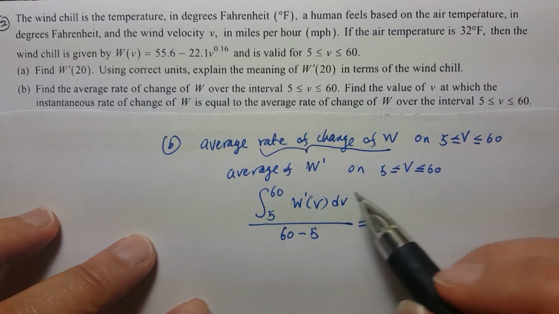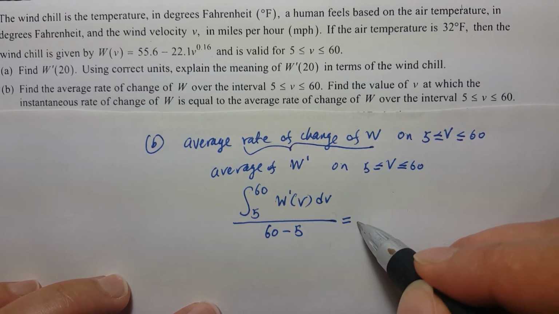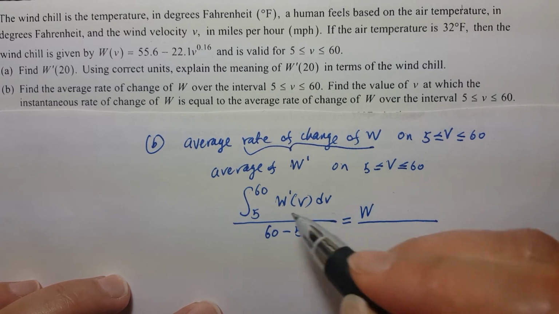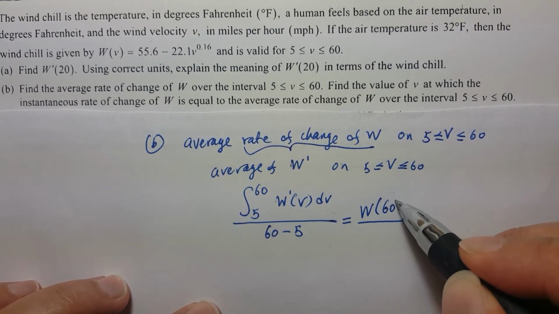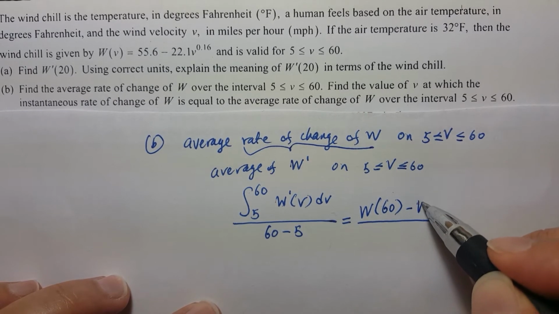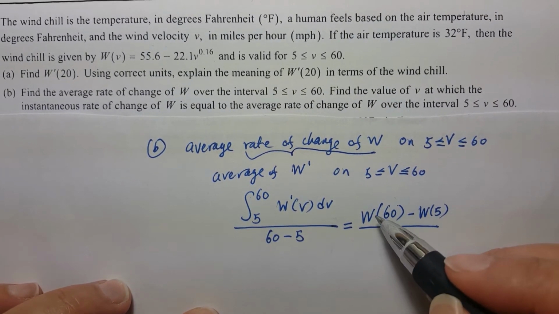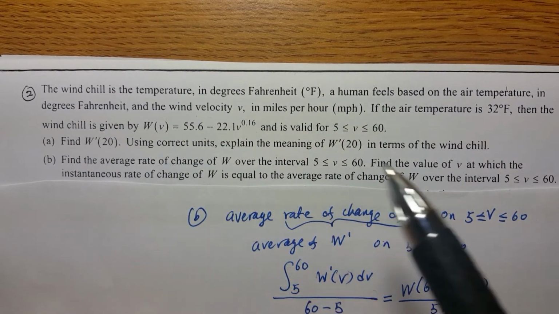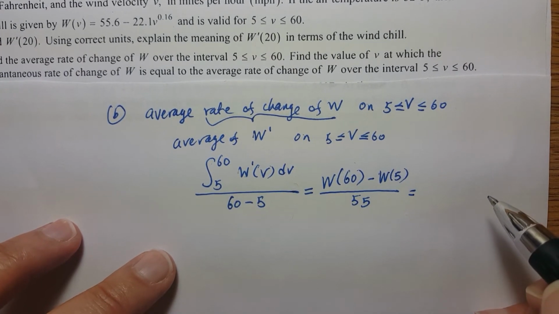If you don't want to use the derivative, you can use the FTC. The antiderivative of W prime is W. So you will get W of 60 minus W of 5 over 55, and we have the function W given to us. Now we are going to use our calculator.